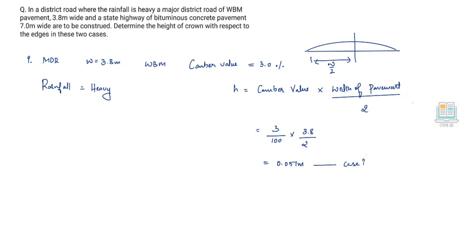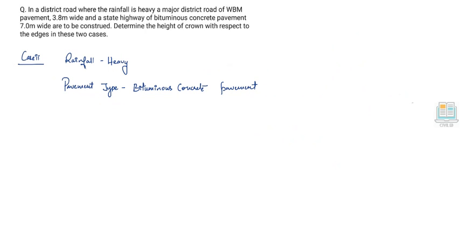Now for the second case, they have specified bituminous concrete pavement and the rainfall is heavy and the width is 7 meters. So let's solve that. Now for the heavy rainfall and this type of pavement, the camber value has been specified to be 2% of half of the width.